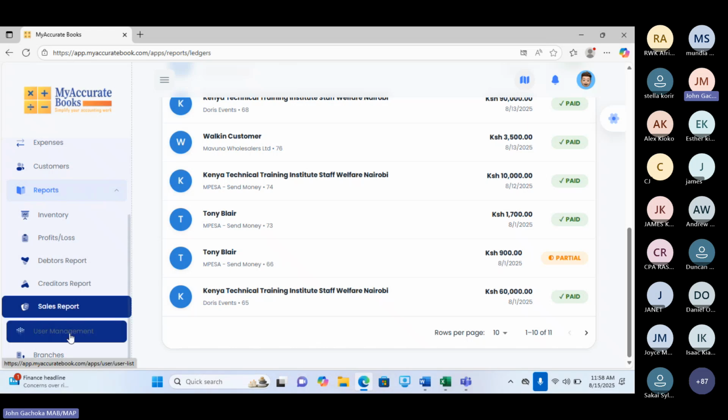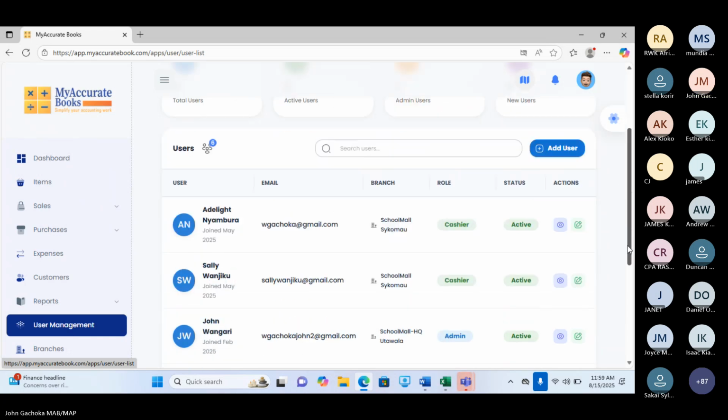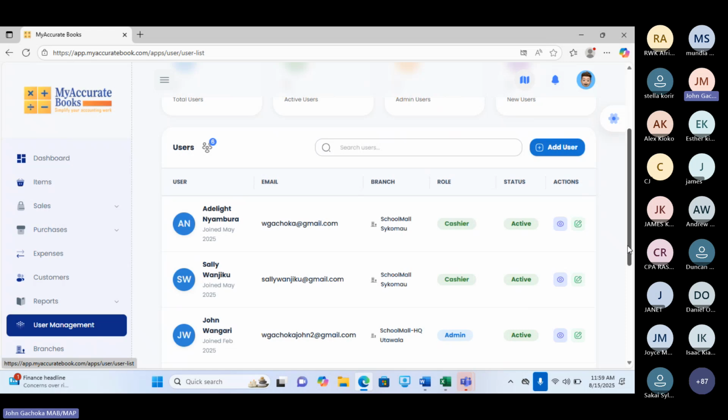And lastly, with user management, I know I had highlighted this prior. So you are able to give responsibilities under this system for different staff whom you have given mandate under your organization.